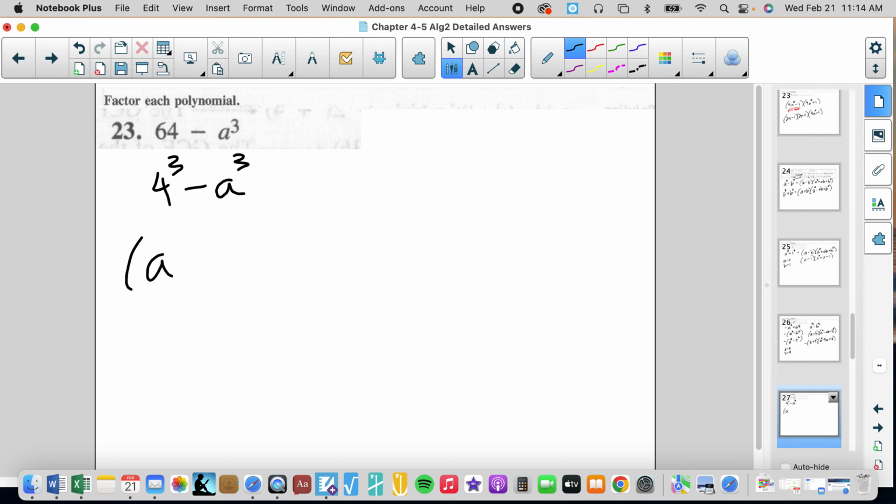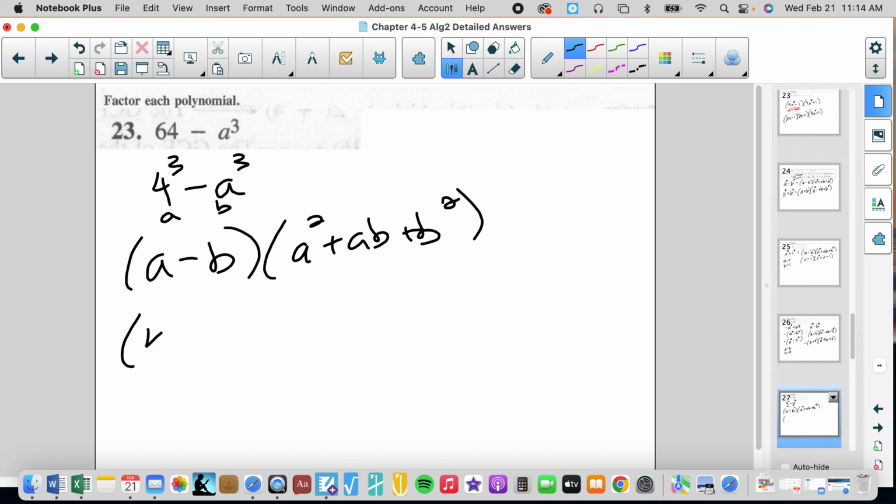Oh, maybe I didn't even do that part right. A minus b and a squared plus ab plus b squared, where a and b, I know that's confusing. So 4 minus a, and then 4 squared is 16. That's where I made my mistake.